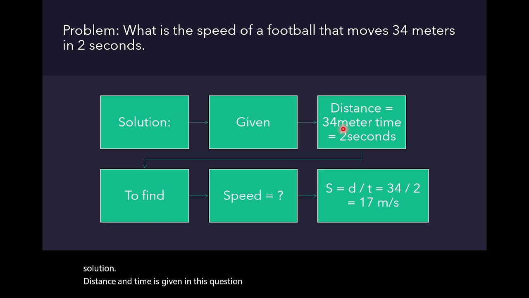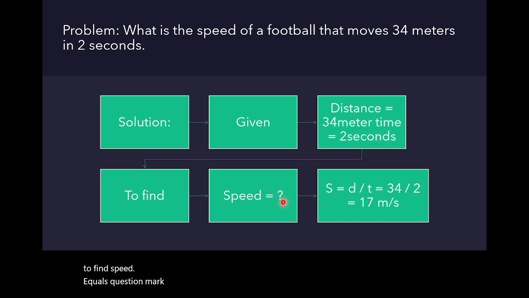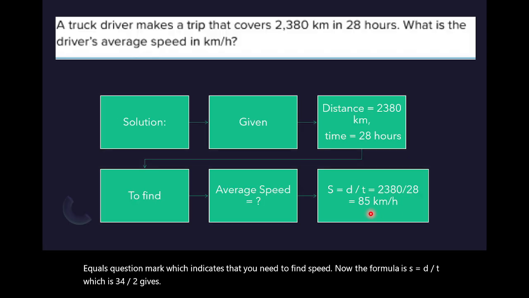Distance d is 34 meters, time is 2 seconds. We need to find speed equals question mark, which indicates that you need to find speed. Now the formula is S equals d over t, which is 34 divided by 2, giving 17 meters per second.